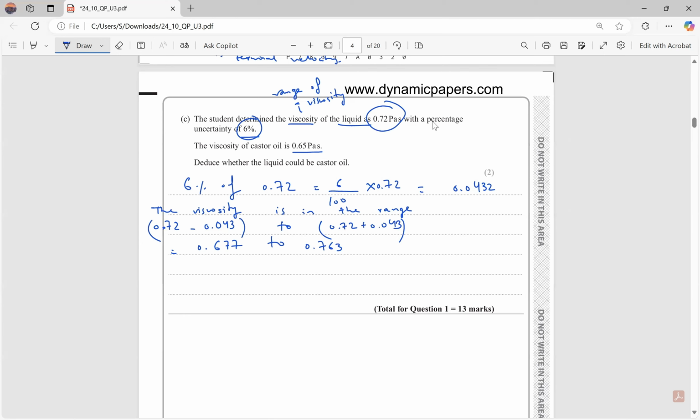Now the viscosity of castor oil is 0.65. It's below this range. So the liquid is not castor oil.